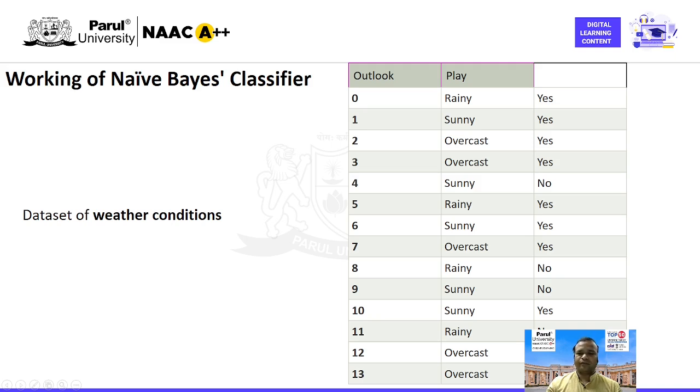That means five members are interested in playing when the weather is overcast. Similarly, how many said no, we cannot play in overcast? The count is zero. No one said we cannot play in overcast.